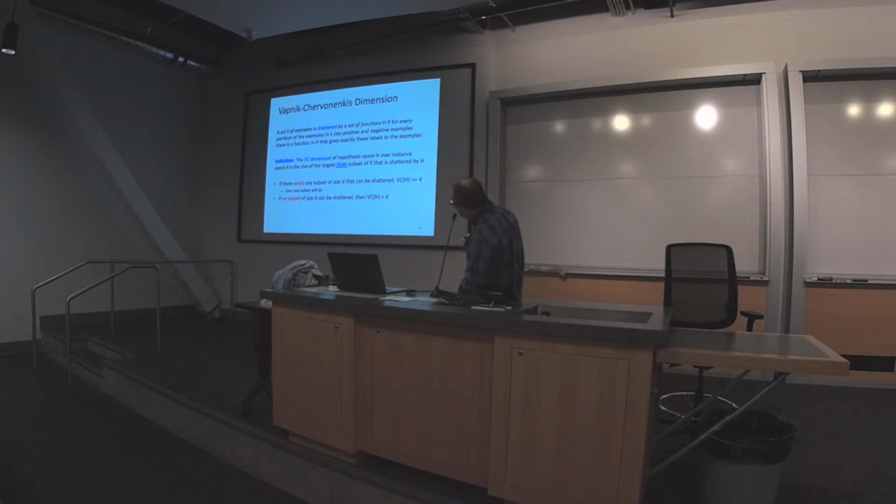As long as you can find one subset of size D which can be shattered, it does not require you to ensure every subset of size D to be shattered. You can safely claim your VC dimension is at least D. Don't get confused here, because many people are confused at this point.